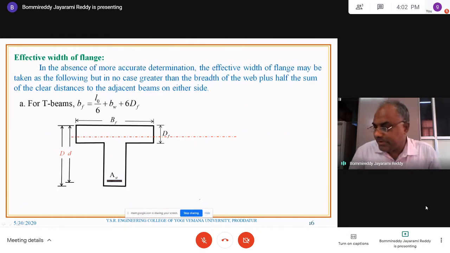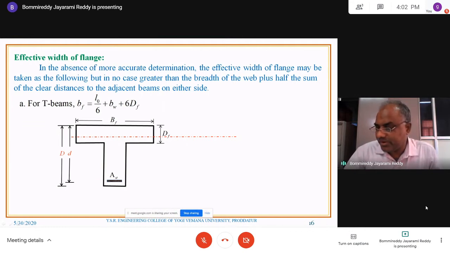And effective width. Normally on either side of the beam, half the slab and half the slab can be considered, but the total width is not effective, because of the stress variation across the length of the flange. That's why the code has given a formula for the effective width of the flange.